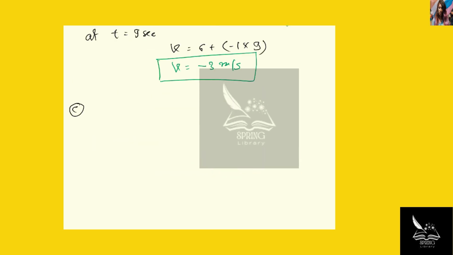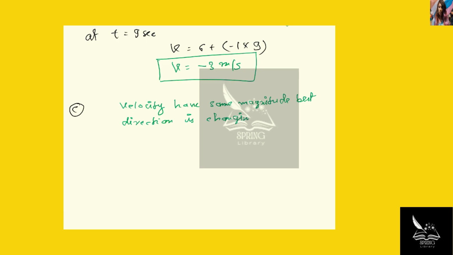In the next part we can see that the velocity has the same magnitude but the direction is changing.